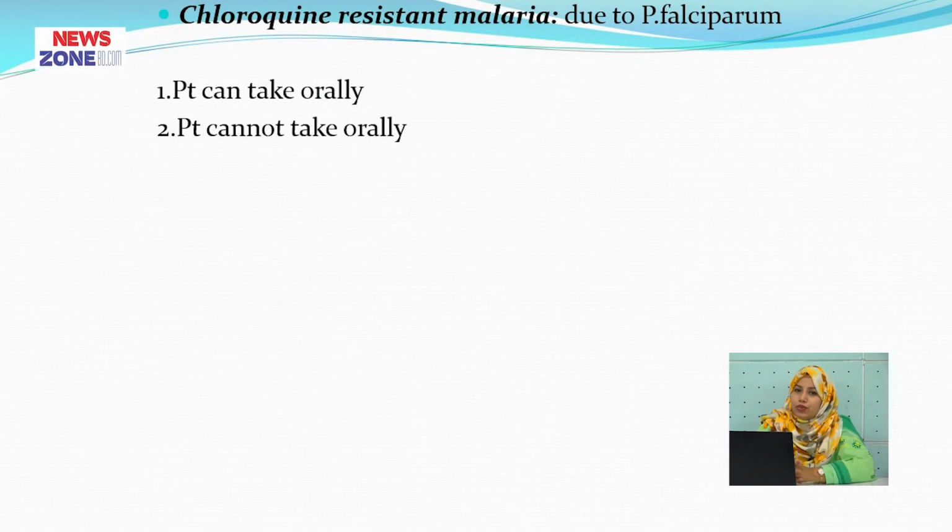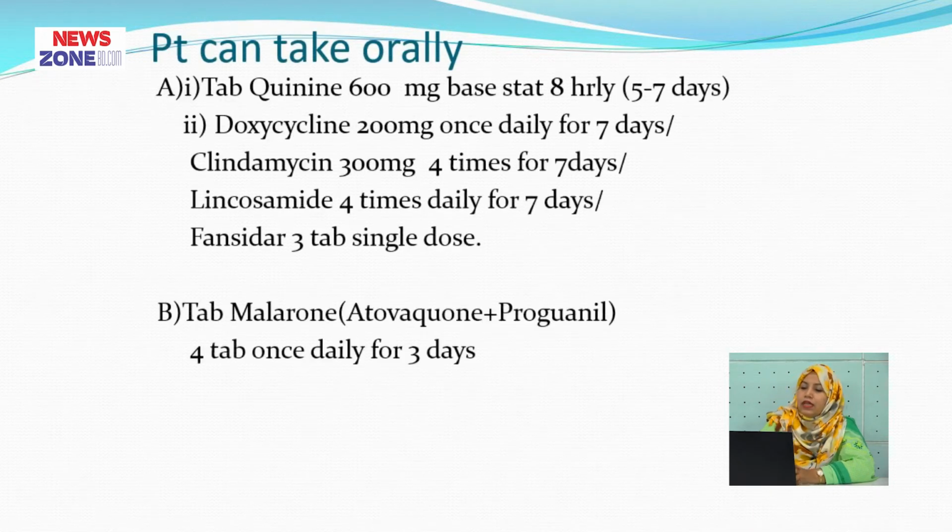Now number 2 is chloroquine resistant malaria, which is due to Plasmodium falciparum. It is also called complicated malaria and it is very fatal. In that case, the patient may swallow or may not swallow. If the patient can take orally, we can give tablet form.